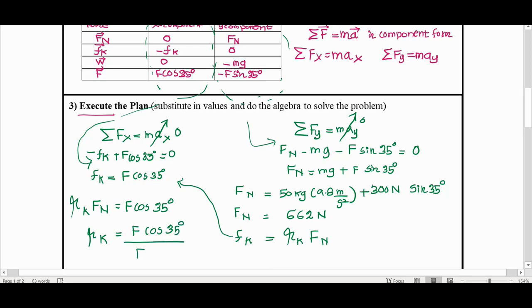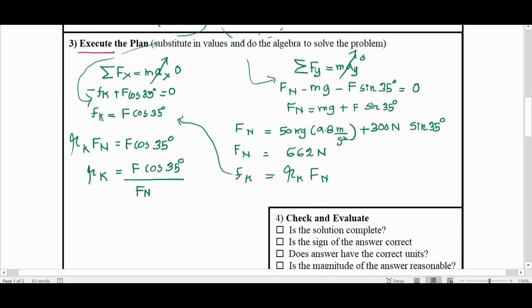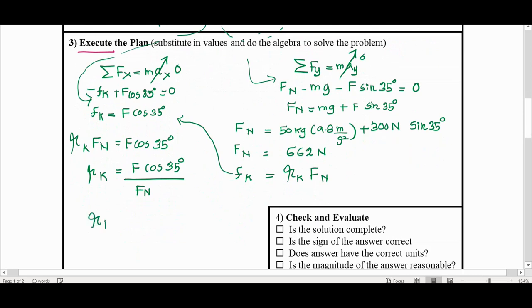F cosine 35 divided by the normal force, and then I'm just going to substitute for the force applied, which is equal to 300 newtons times cosine 35 divided by normal force, 662 newtons, we calculated it.